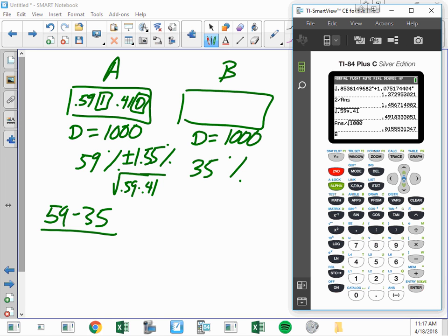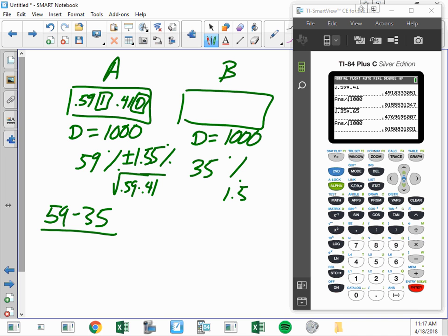Okay, and then the other one, square root of 0.35 times 0.65 will be pretty close. And we'll divide that by the square root of 1,000. And I get 1.5%. Now what should I do? Almost.